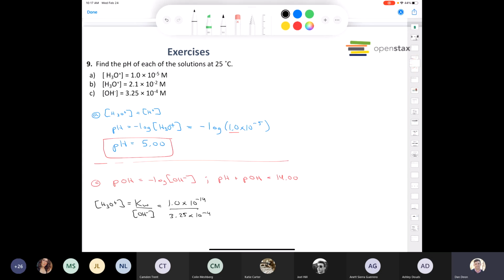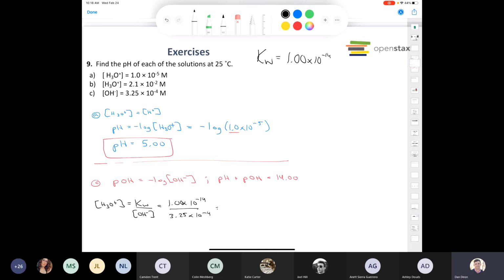Now keep in mind that the Kw, 1.0, could be 1.000000, however many zeros you need, times 10 to the negative 14. So I'm going to throw an extra 0 in here so I can keep my 3 sig figs in my concentration.